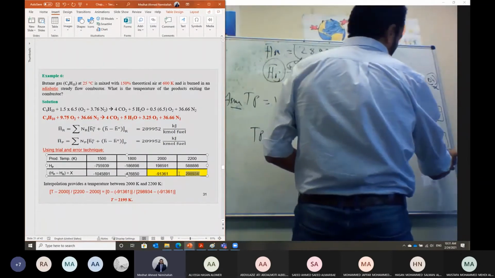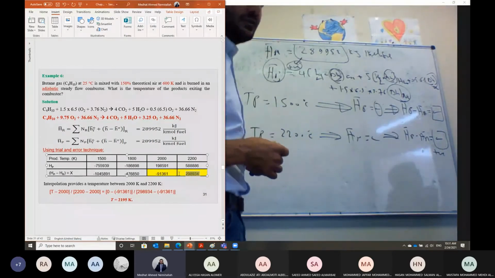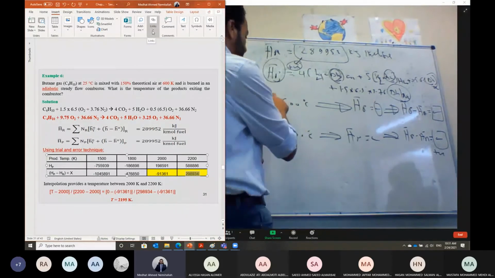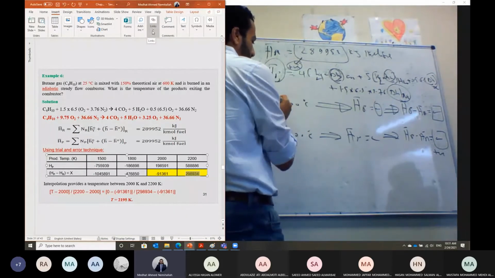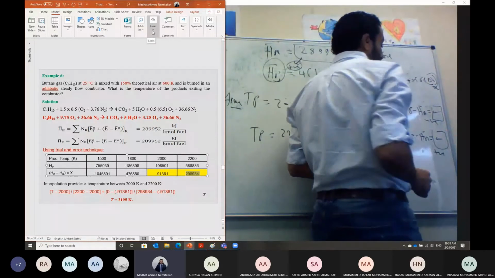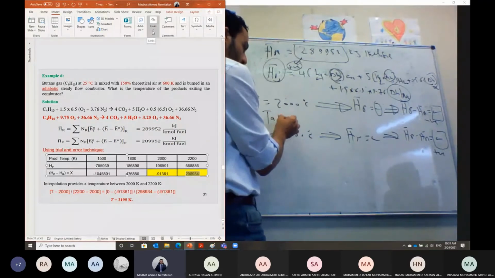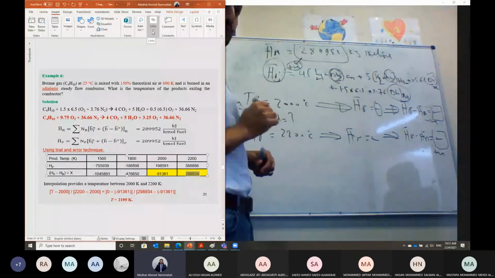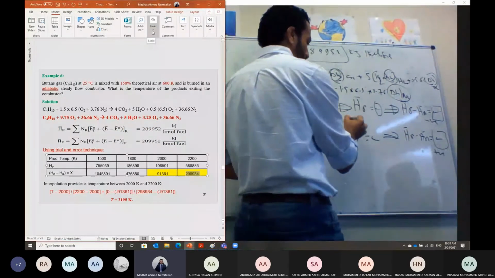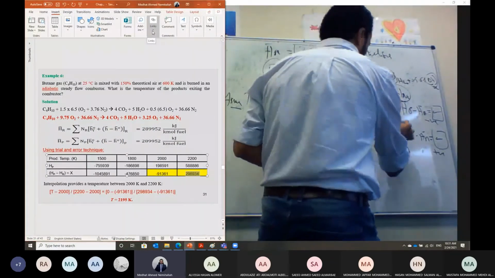This value should be a positive value. But at a temperature of, let's say, 2000, you will find H product minus H reactant is a negative value. But we need to calculate the temperature, T adiabatic, which we don't know, at which the difference H product minus H reactant should equal 0.